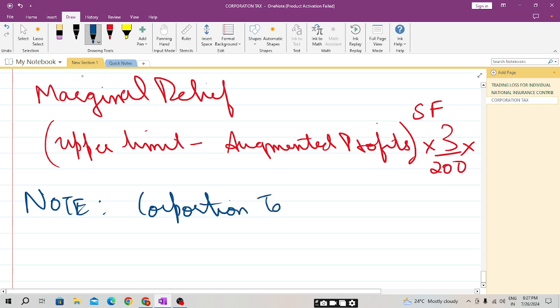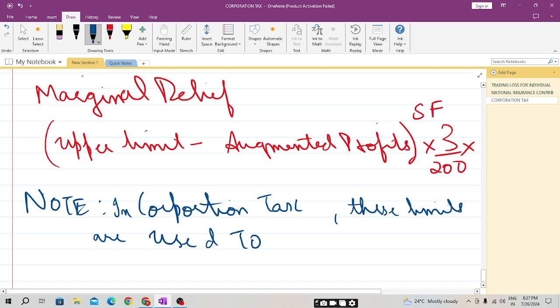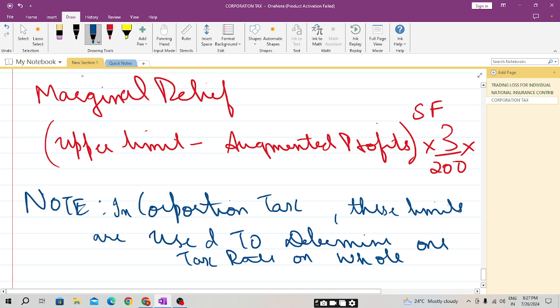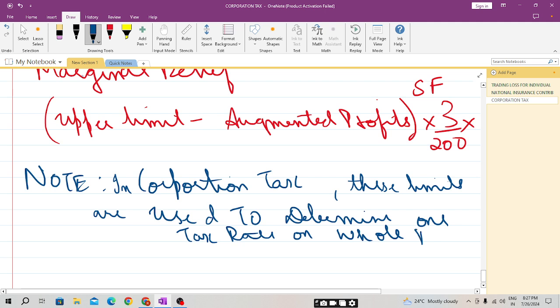In corporation tax, these limits, meaning the upper and lower limit, are used to determine one tax rate for the whole profits.